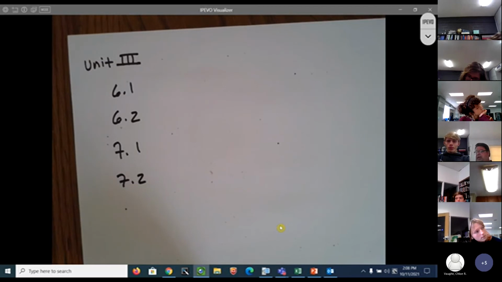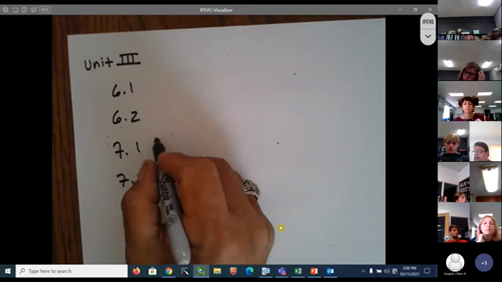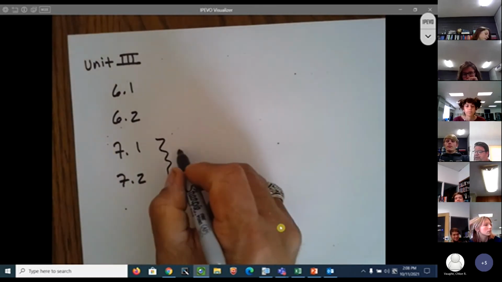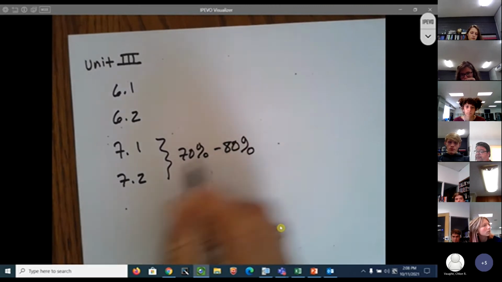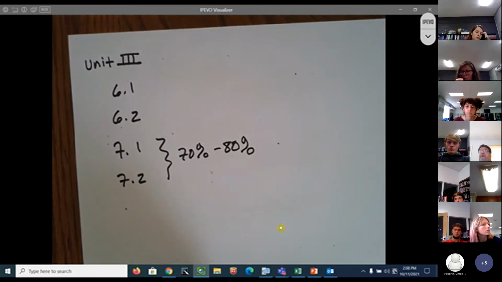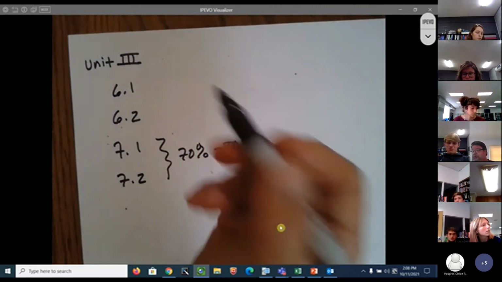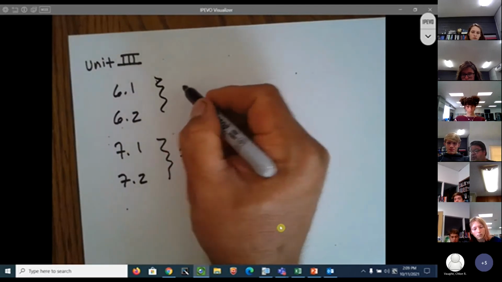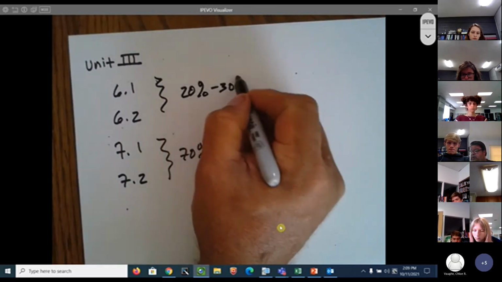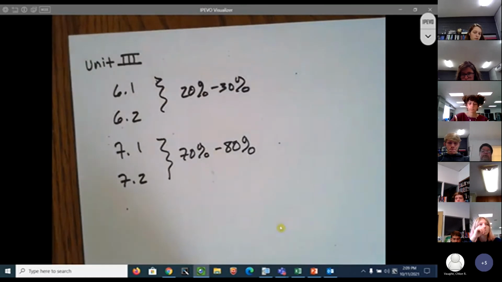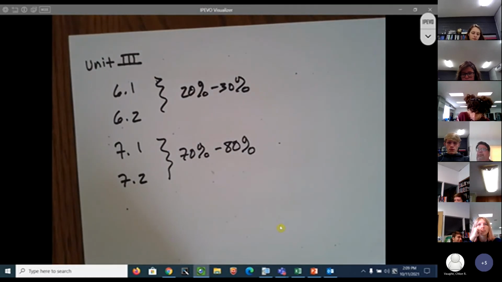I know I'm not including 8, but I include that with Unit 4. So you're talking about 70 to 80% of the test is going to be coming from 7.1 and 7.2. So therefore, of course, with math, 20 to 30% is going to be coming from 6.1 and 6.2.